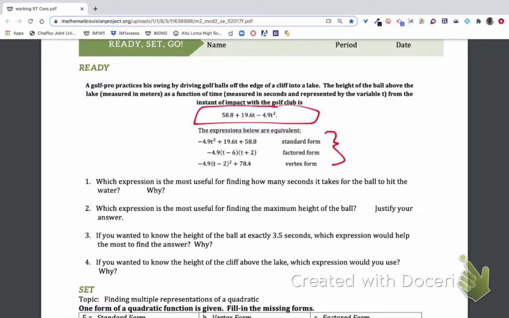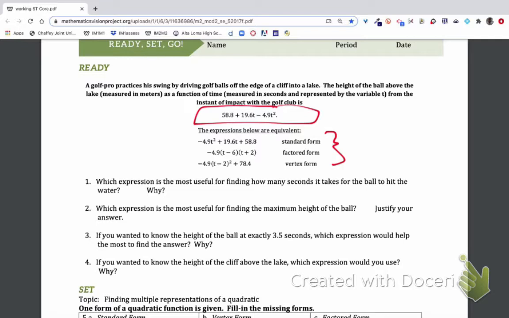Now the next four questions are all about which is better and why. So for number one, the most useful way to find out how many seconds it would take for the ball to hit the water means that we're trying to figure out when the golf ball will be 0 feet off the ground.